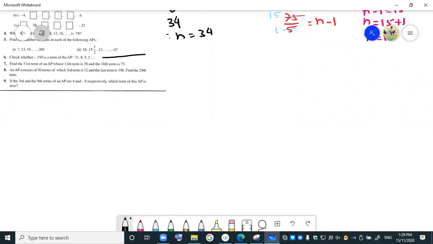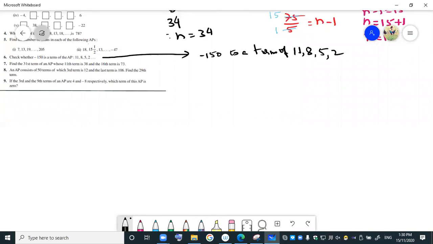Question number 6 is to check whether minus 150 is a term of this AP: 11, 8, 5, 2.